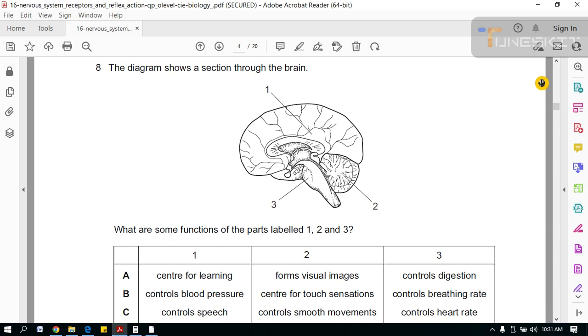Cerebellum is always involved in coordination and balance. Medulla oblongata controls reflex actions, heartbeat, breathing, swallowing and coughing. All these functions are controlled by medulla oblongata.